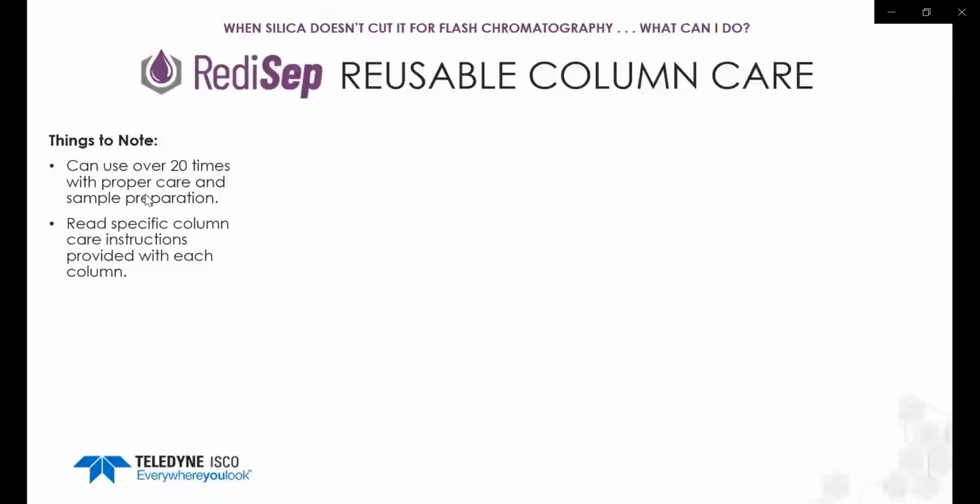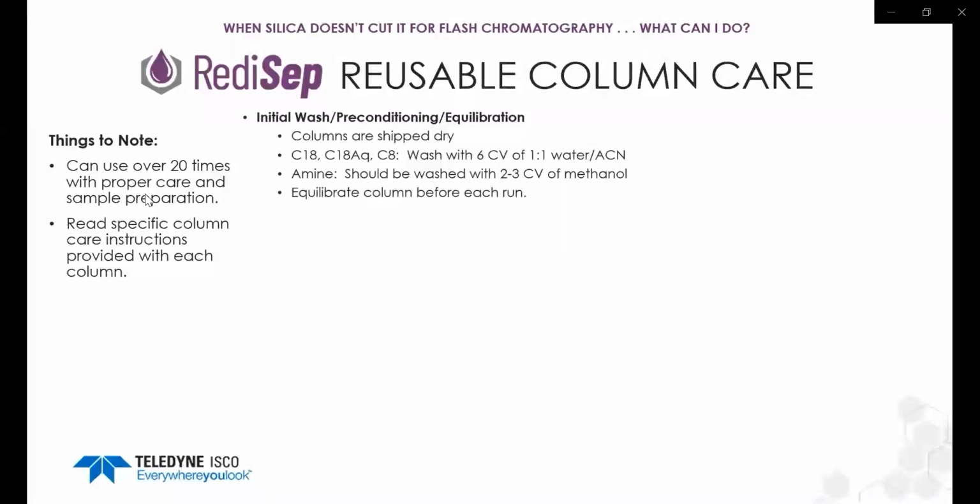So column care is really important when we're using our RediSep reusable columns. They can be used over 20 times or more with proper care and sample preparation. We'll talk about some general guidelines here, but it's important to read the specific column instructions provided with each column. Each column is shipped dry, so you're going to need to do an initial wash, preconditioning step, and then equilibration.